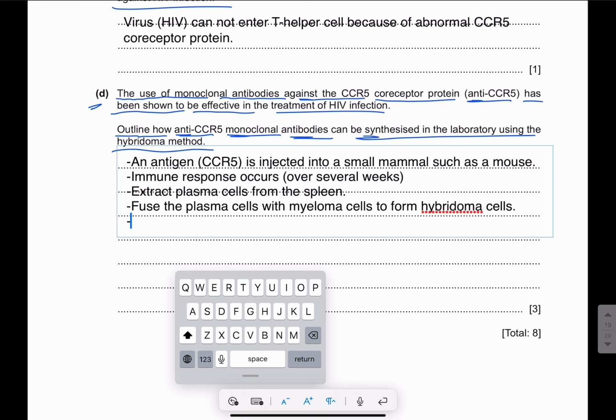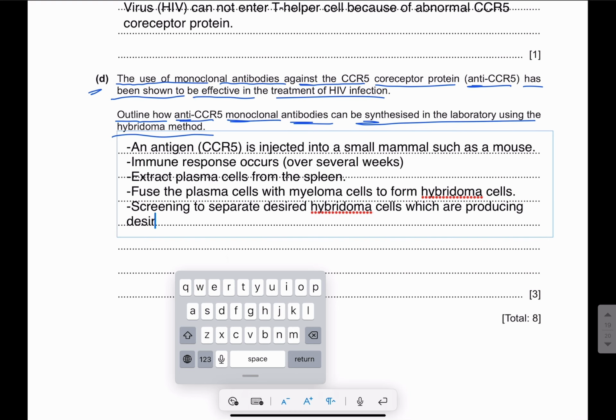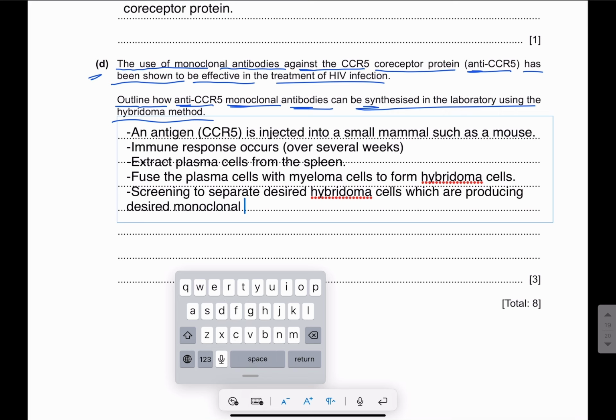And then we carry out screening to separate the desired hybridoma cells which are producing the desired monoclonal antibodies, which are actually anti-CCR5.